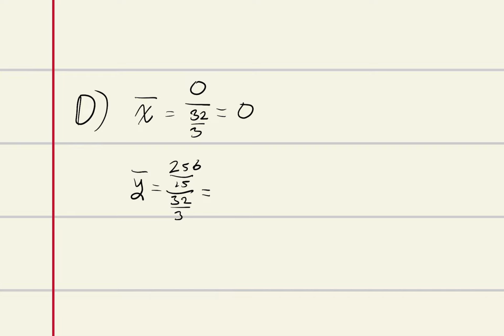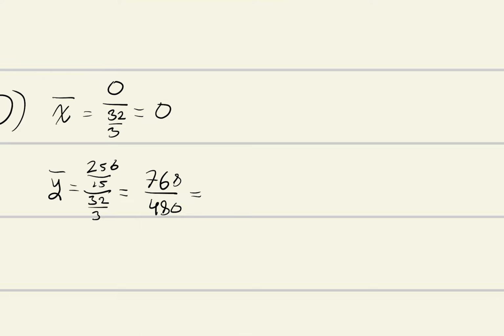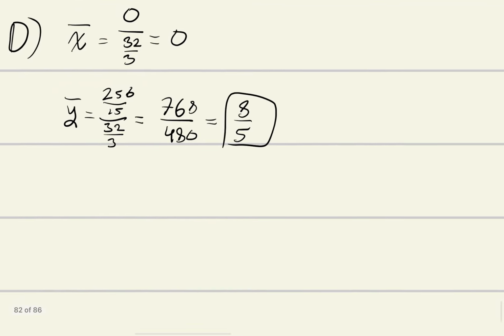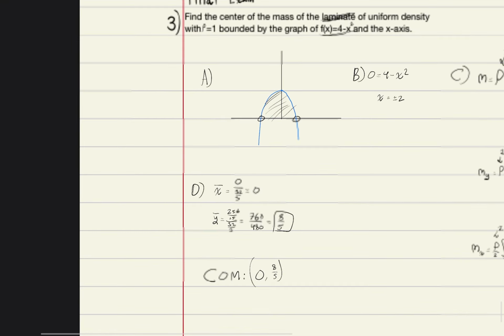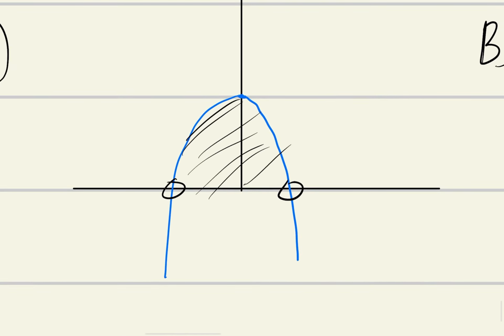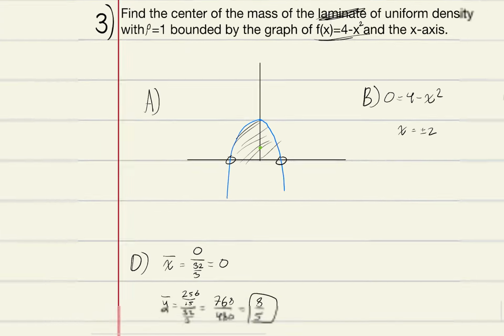And once we divide that, we would get 768 over 480, which is equal to 8/5. So, our center of mass has the coordinates 0, 8/5. On the graph, that would be maybe about there.